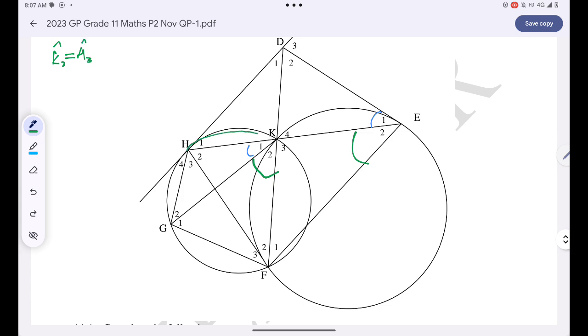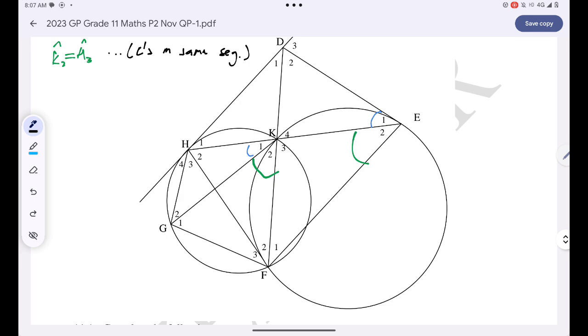If you focus on the smaller circle, you will see that you have a situation whereby we have chord GF subtending both K2 and H3 at the circumference. So that's why K2 is equal to H3. These are angles in the same segment.